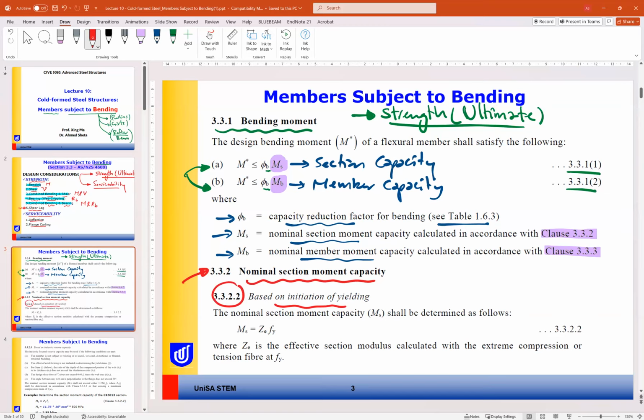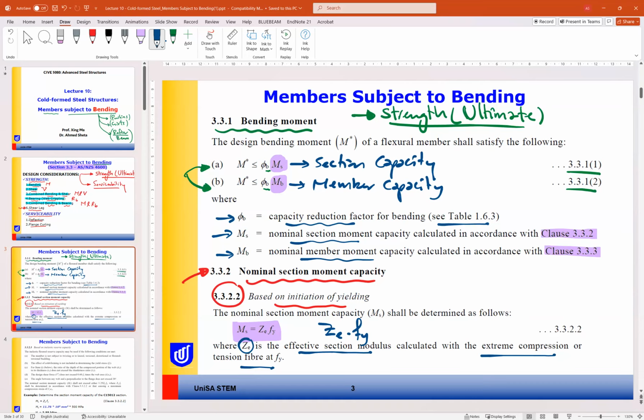Based on the initiation of yielding, our section moment capacity MS is equal to Z effective multiplied by F yield, where Z effective is the effective section modulus calculated with extreme compression or tension fiber at F yield.